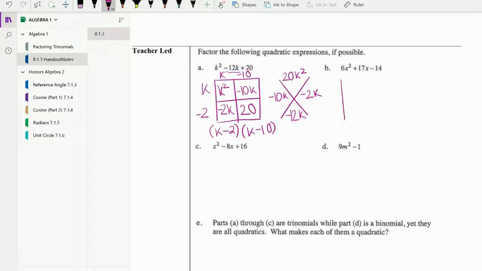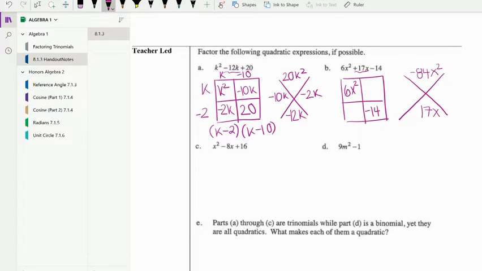All right, so next one, we make a box. 6x squared goes in the first box. Negative 14 goes in the last box. We make our x, so I need the product of 6 times negative 14, and that is going to be negative 84x squared. And then 17x is going to go at the bottom. So this one's going to be a little tricky.